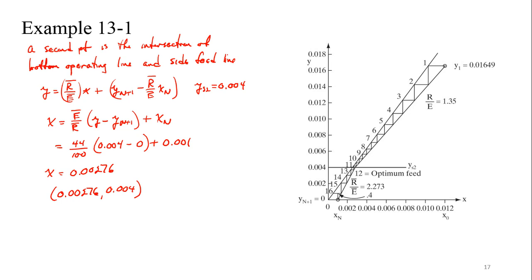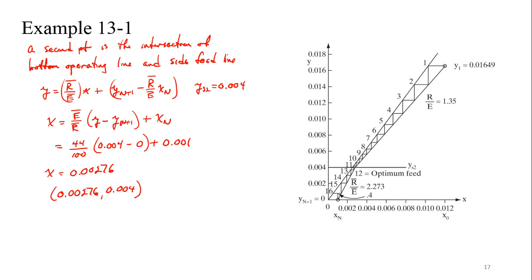All right, so we have more than one way of doing this. So what's left to do? Well, actually construct the McCabe-Thiele plot. We know how to do that, so I'm going to just give you what it should look like. We plot first the equilibrium line, which we had. It's a straight line. And then we start plotting the operating lines. We plot a bottom operating line, given the information that we had.